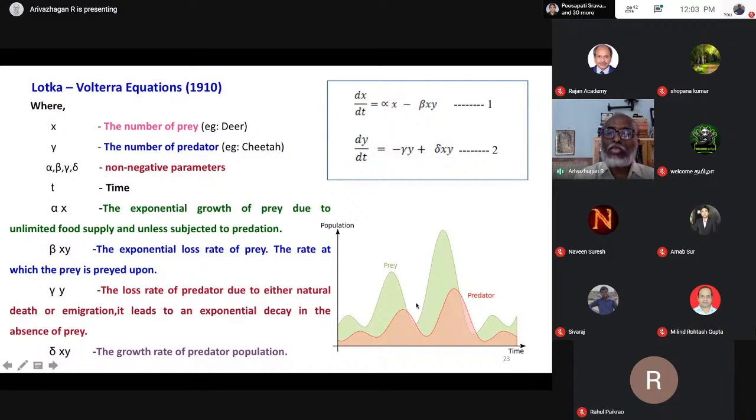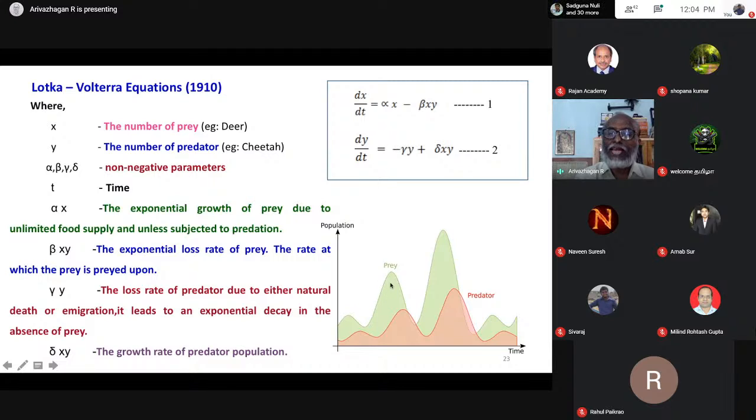Now you can see this graph and clearly understand. Population by time. That is the prey population, that is the predator population. Here the important thing is that it is cycling. The population growth is cycling.